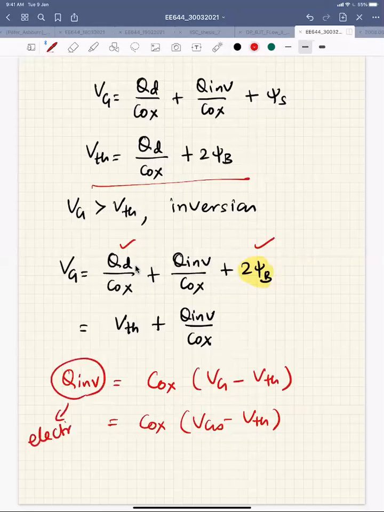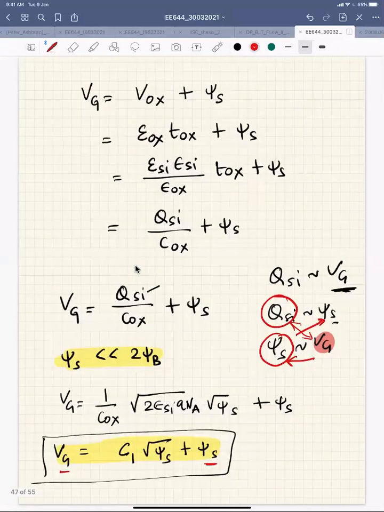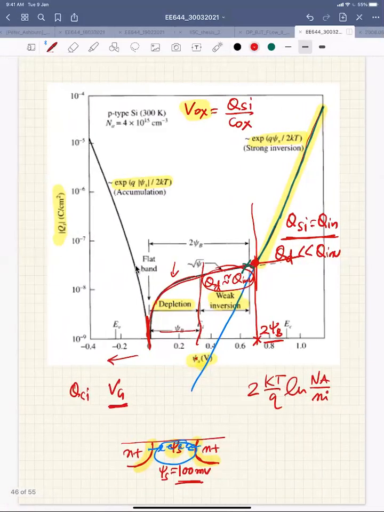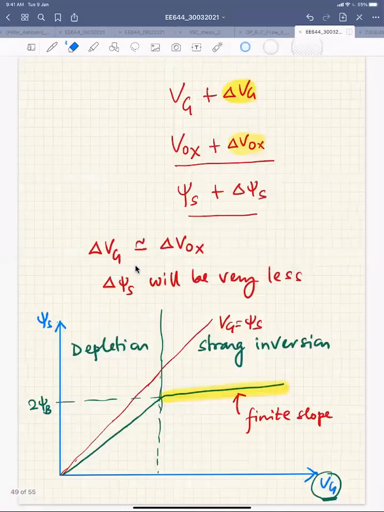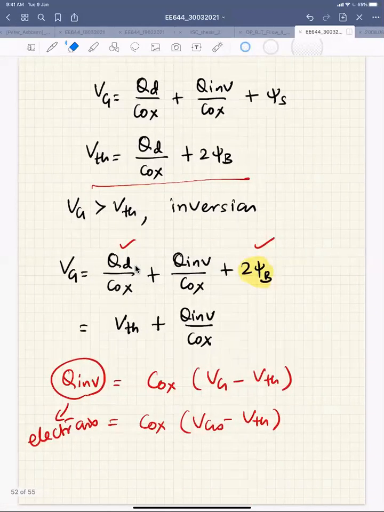As I told you, your total charge is Q depletion plus Q inversion. But in the inversion condition, if you go deep in very strong inversion, your QD is much smaller than Q inversion. So in that case, you could write this as Q inversion.